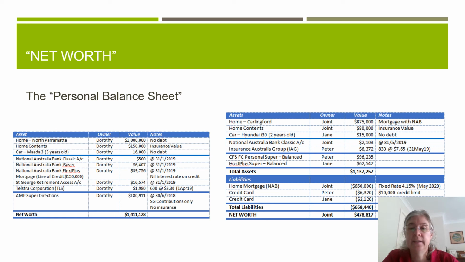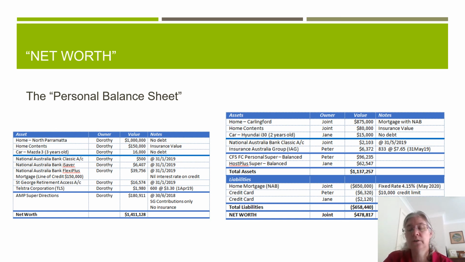Got the car. Now you can see here there's a note that this is only Jane's car, no debt. Next we've got a National Australia Bank account. We've got some shares in IAG. We've got Peter's super and Jane's super. So that's the total of their assets. Then in liabilities, we have the mortgage, and they've each got their own credit card. And we've got the limit.